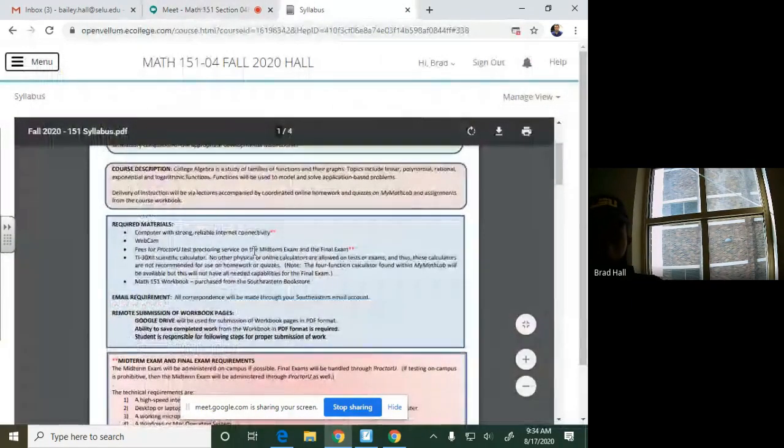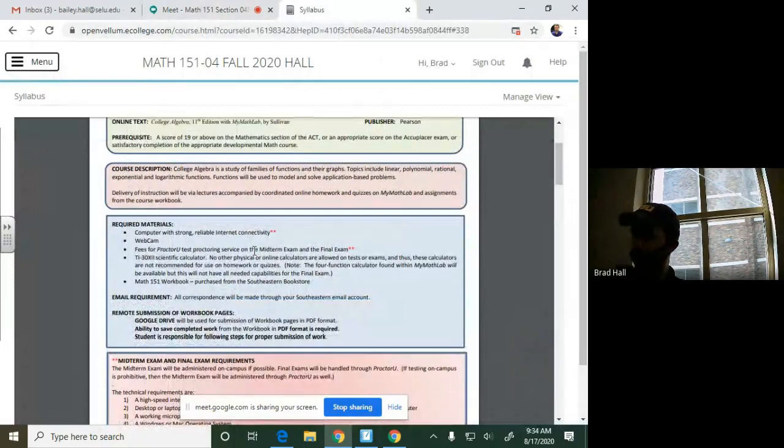Let's start off with the required materials. The first three things there, the computer with strong, reliable internet connectivity, the webcam, and the fees, all pertain to the final exam for now. It definitely pertains to the final, because the final exam will be an online exam. You will take it through a proctoring service called ProctorU.